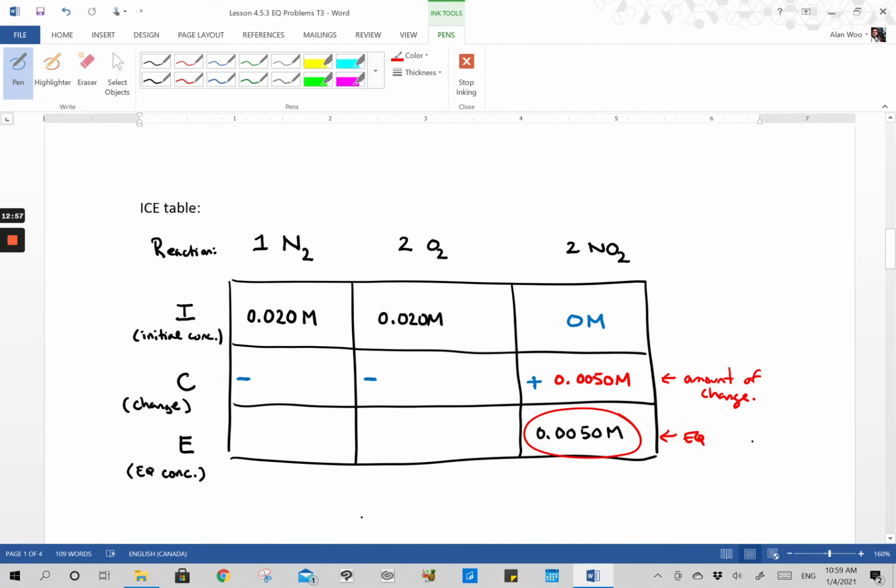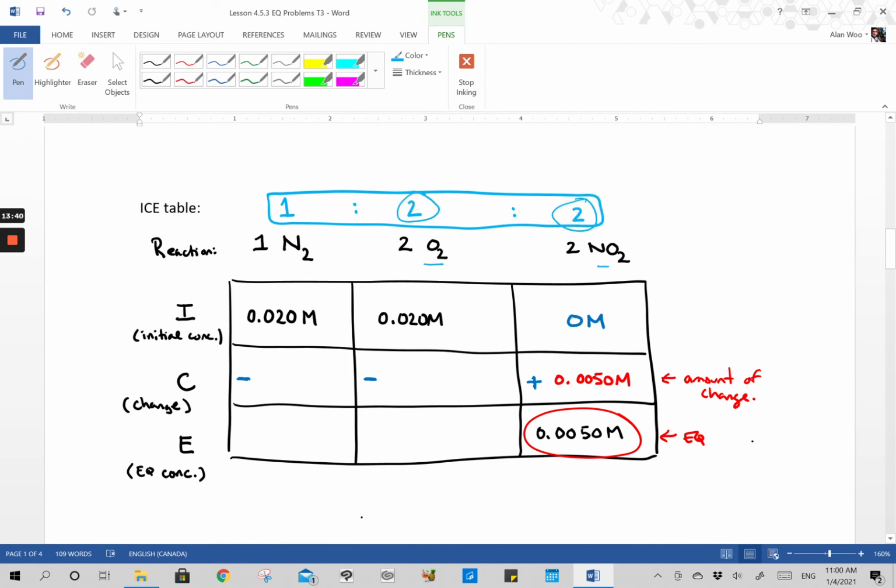Now, for the other boxes here, we're going to have to use a little bit of stoich or ratios. Because we have our coefficients from our balanced equation, it's a 1 to 2 to 2 ratio. If we just look at NO2 with O2, we can see that they're the same number.